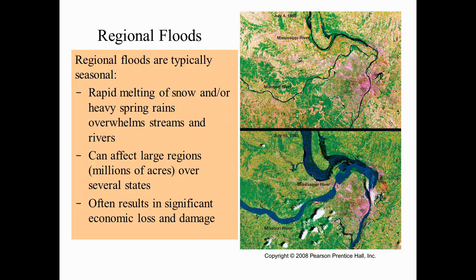Regional floods can affect large regions covering millions of acres over several states, and often result in significant economic loss and damage. Here, for an example, we have a satellite view. The upper frame is the Mississippi River back in July 1988, and the lower frame shows the major flooding of the Mississippi back in 1993.